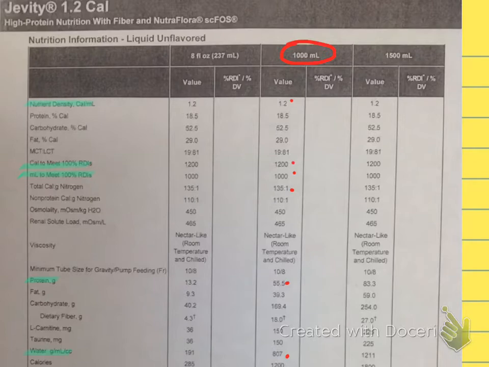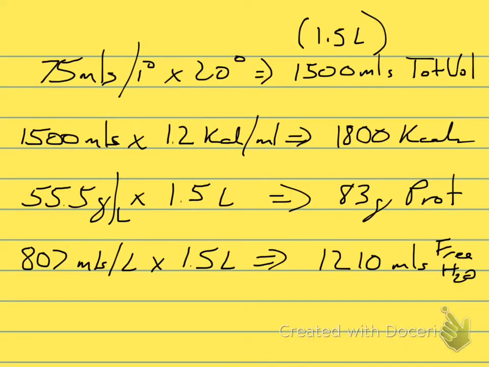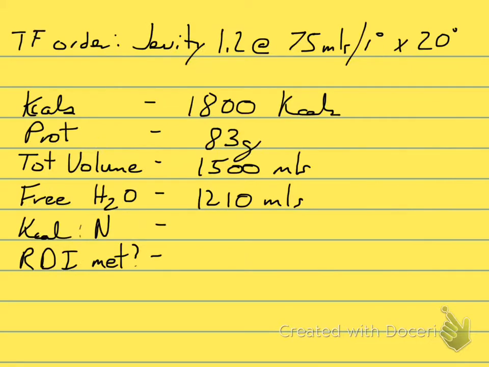Again, it may not be as important depending on what the disease state is, but that's one place where you actually might have to determine that calorie to nitrogen ratio. So again, we calculated it to be 135.5 to 1.